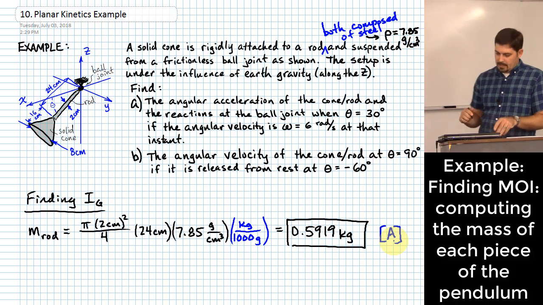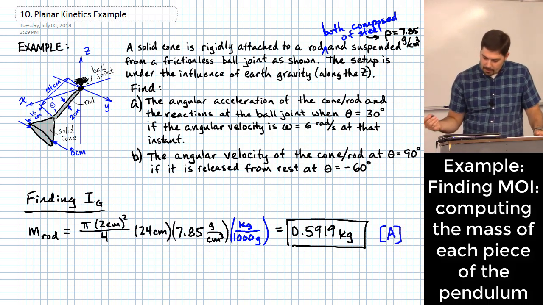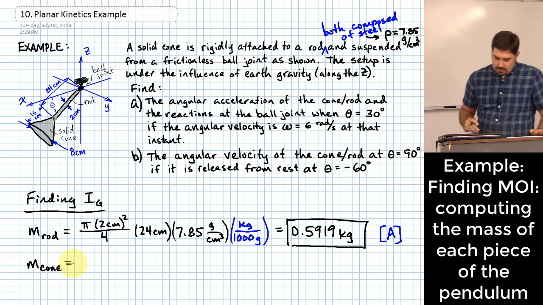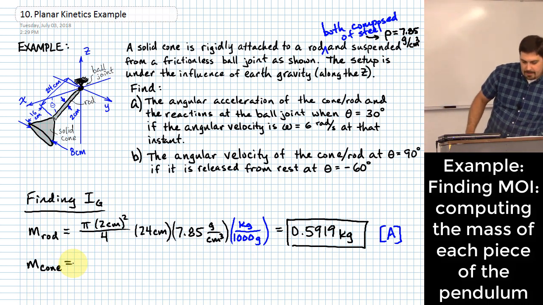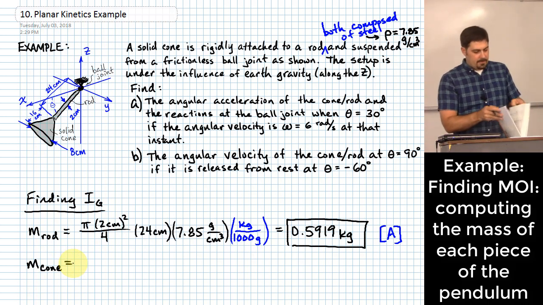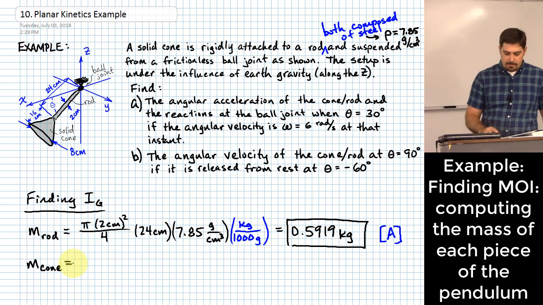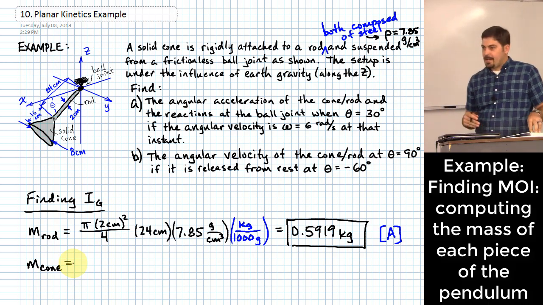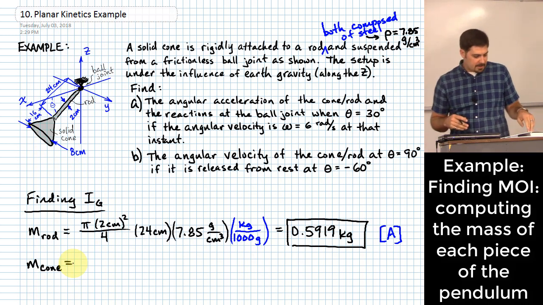All right, how do I figure out the mass of the cone? Well, to help us out a little bit, we do have some reference material. This is reference material that will be available to you whenever you're working on your exam. It's also in the very back of the textbook.